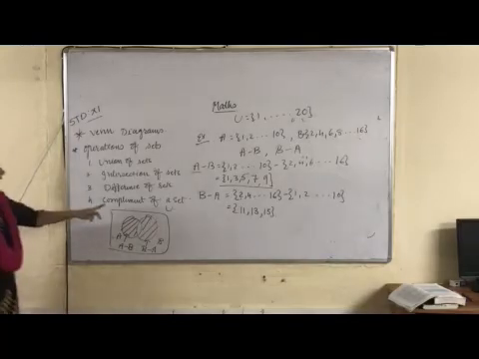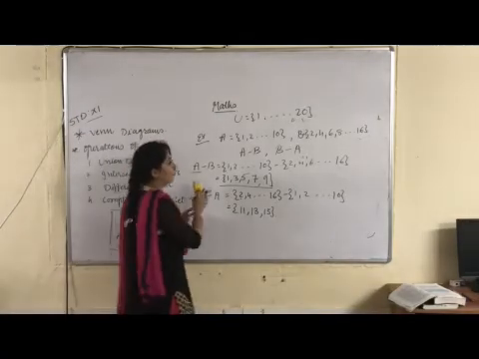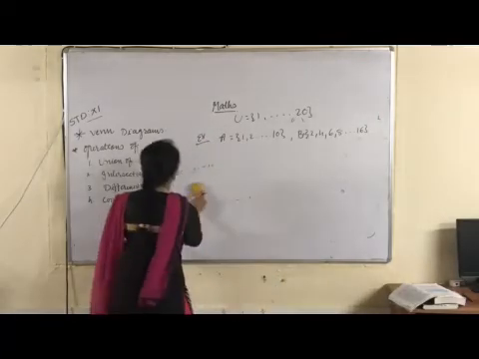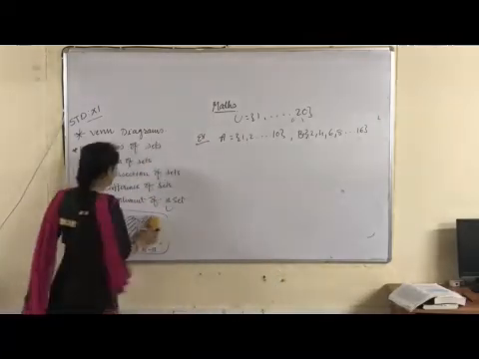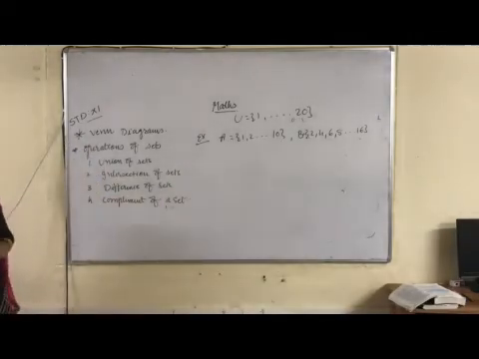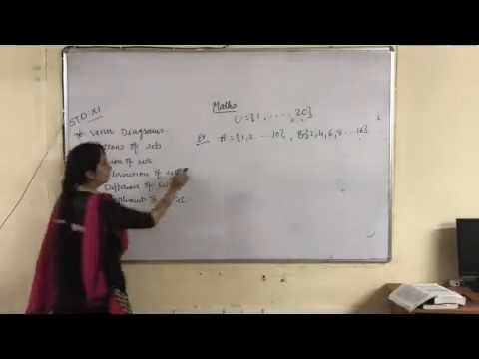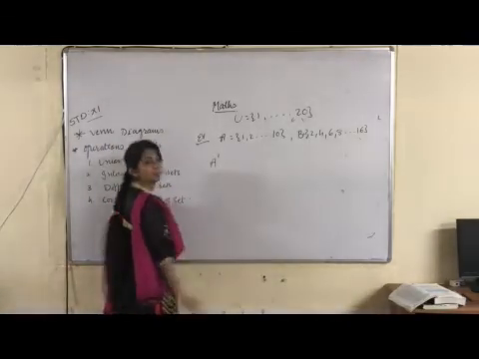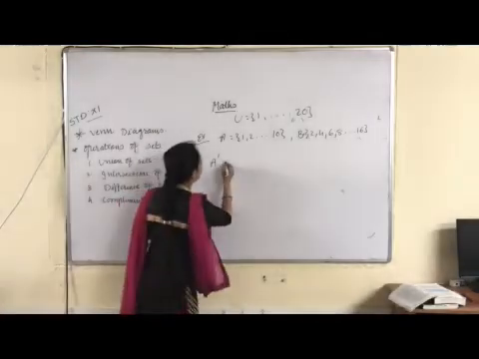So now I will explain the last one, that is complement. Now see how to write down complement. Complement is denoted by the symbol dash. Complement of A means I write down A dash. A dash means what I have to write down?